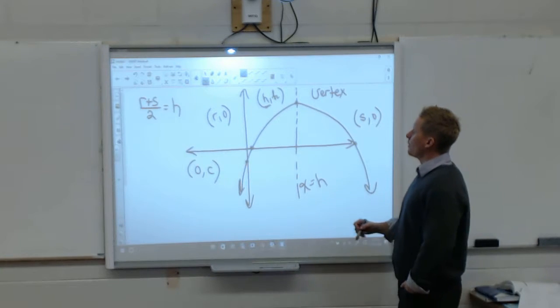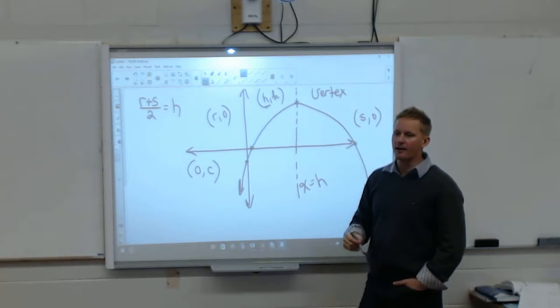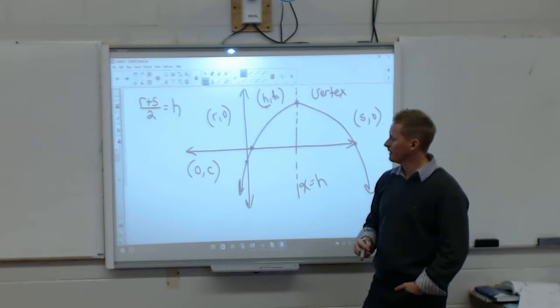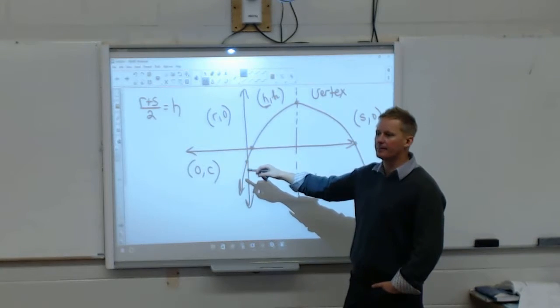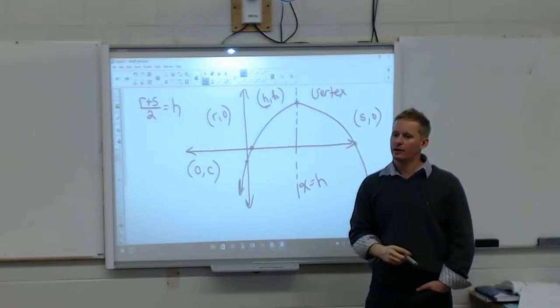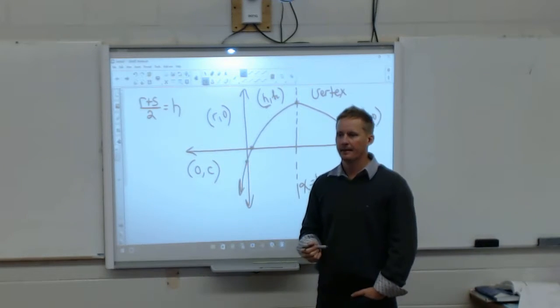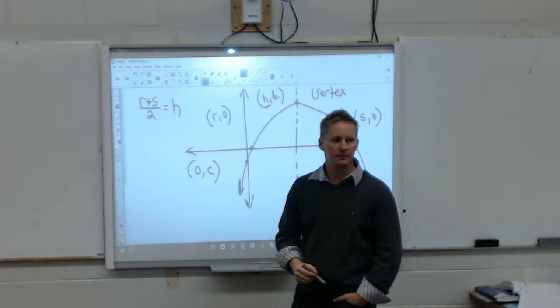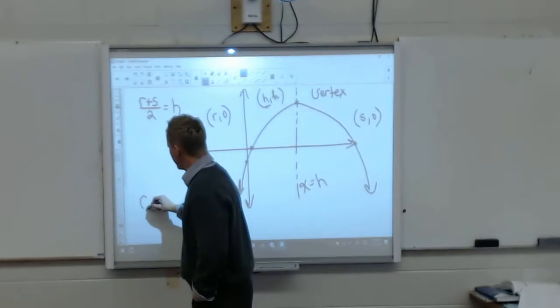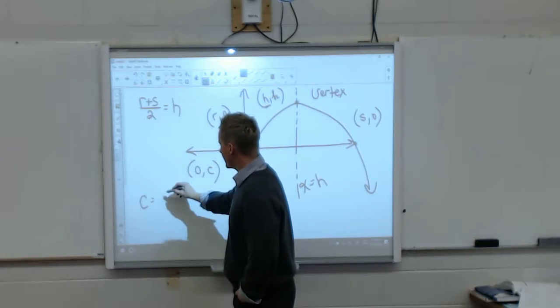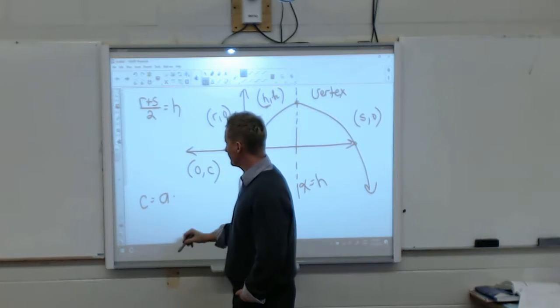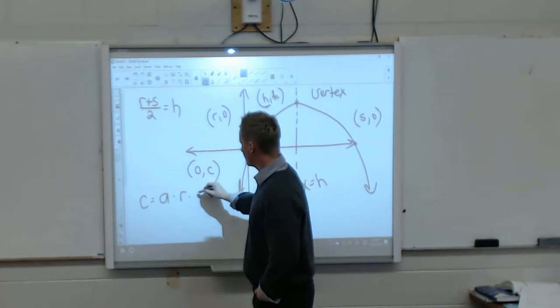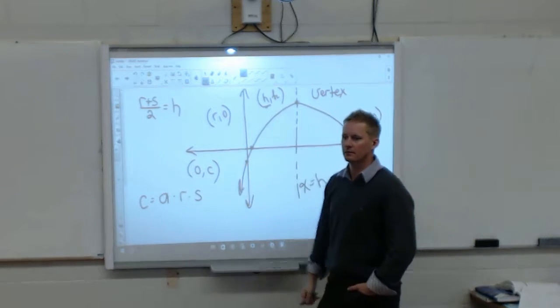Okay? Then if I wanted to get the y value of this graph, all right, I would use my y-intercept and I'd stick it into the standard equation. I would solve for it. But there's something else that's kind of unique about the y-intercept. The y-intercept can be found by taking a times r times s.